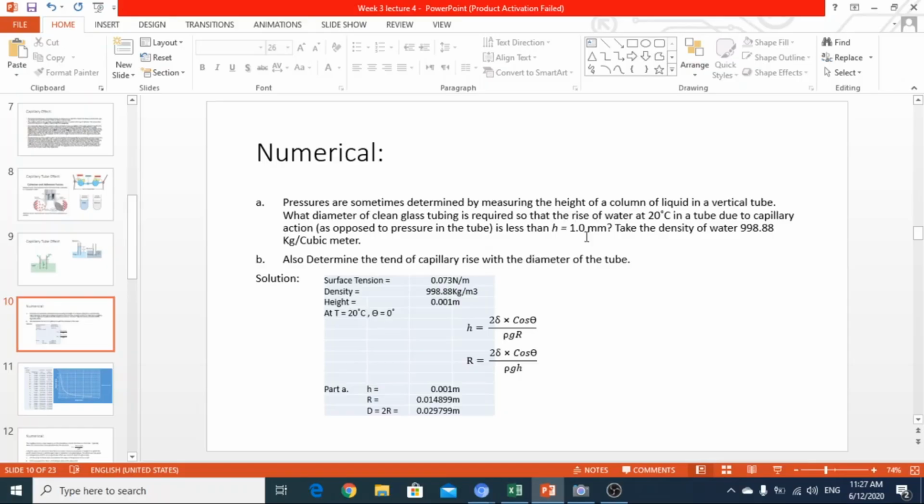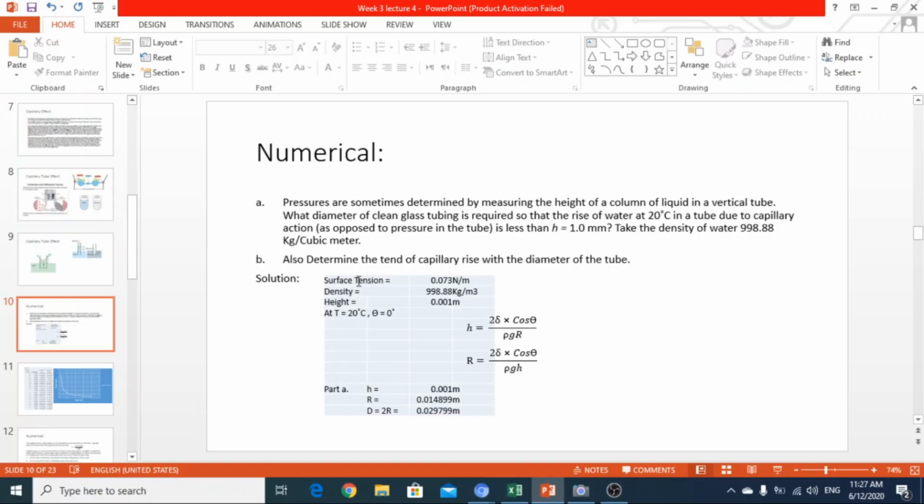Okay, they show us the height as well, and in the second part they also tell us to determine the trend of capillary rise, that is, how the diameter of the tube and capillary rise have their own trend.